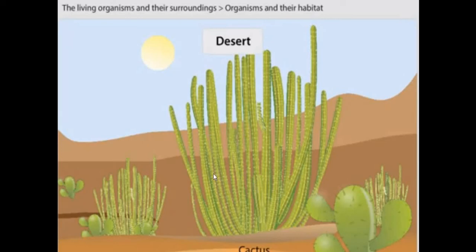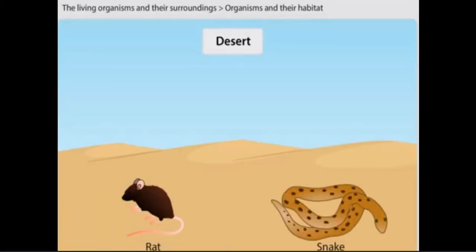But these plants do not have any leaves. Instead, they have spines, right? This helps plants in the desert, cactus, retain the water in the desert area. Now come some other animals, rats and snakes.